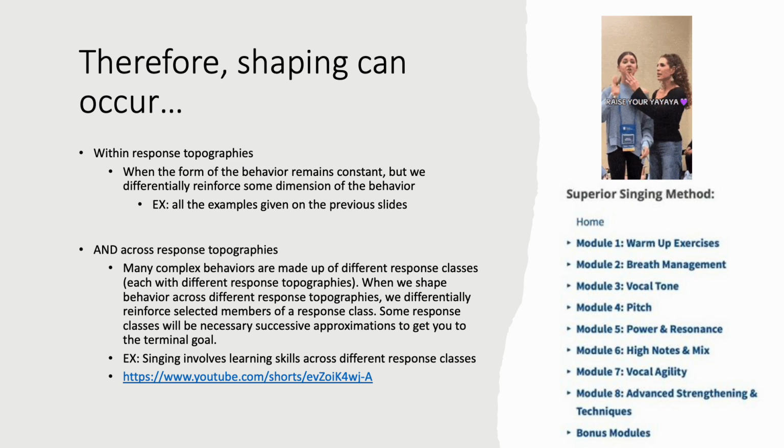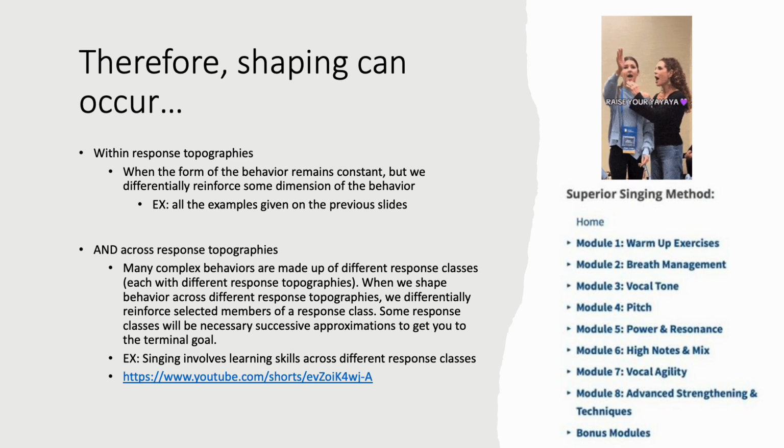So we're shaping the inter-response time, we're shaping the magnitude, right? All of those different examples that I gave you in the previous slide are examples of shaping behavior within response topography. The form of the behavior remains the same, but instead we're trying to, let's say, increase voice volume or increase the force or reduce the duration of something, etc.